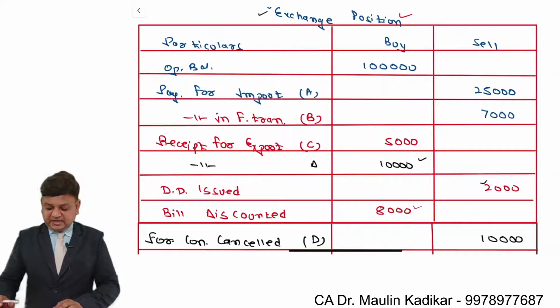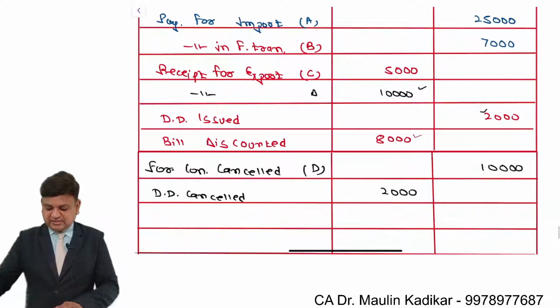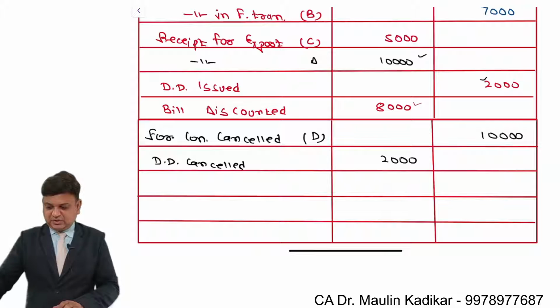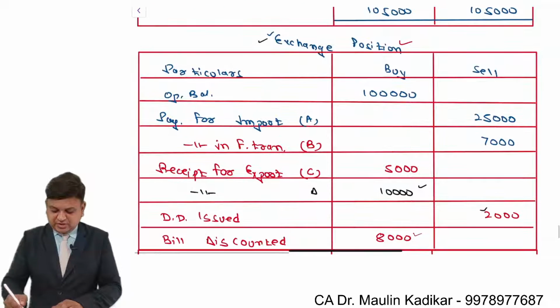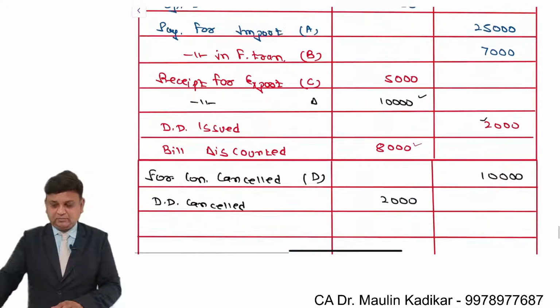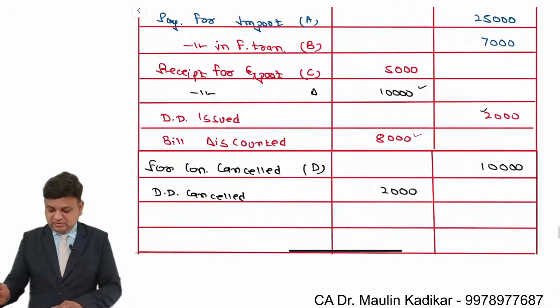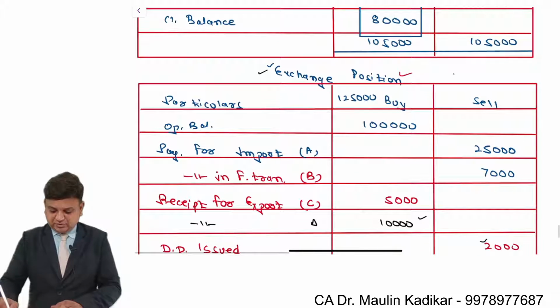Now friends, in the exchange position, kindly use your calculator. 1 lakh plus 5,000 plus 10,000 plus 8,000 plus 2,000. So debit side it is 1 lakh 25,000. Credit side 25,000 plus 7,000 plus 2,000 plus 10,000. So credit side it is 44,000.